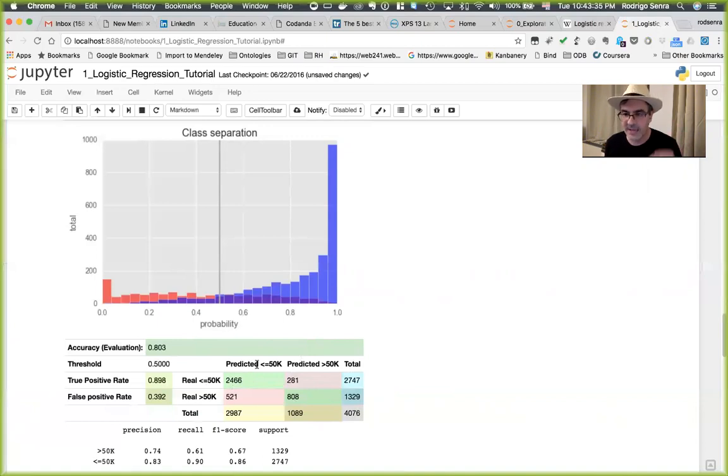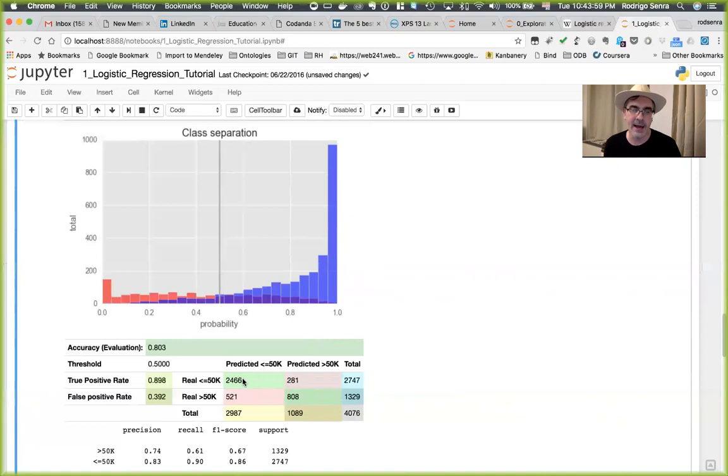The crystal ball says it has a low salary, and the person indeed has a low salary. This is a true positive. So for all the values that we have tested, 2,466, it guessed a low salary, and it indeed was a low salary. So these are our true positives.